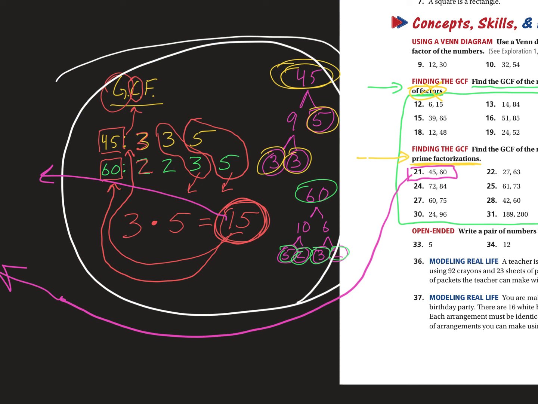I want to see the factor tree. I want you to write out the factors in order, right next to the number with a colon. I want you to circle the common factors, just like I did here. Write them down here, and then multiply them to get your greatest common factor.